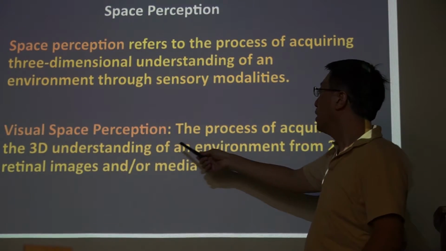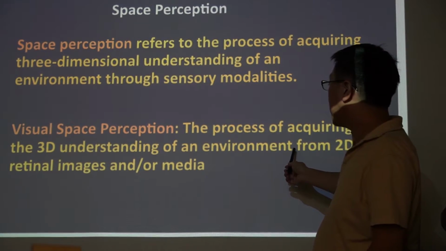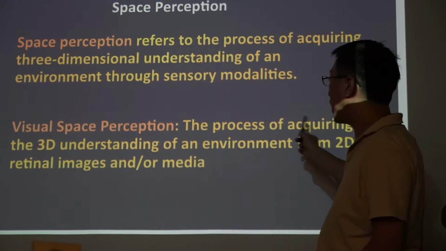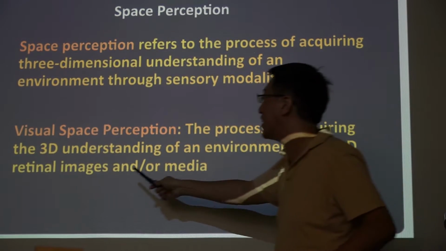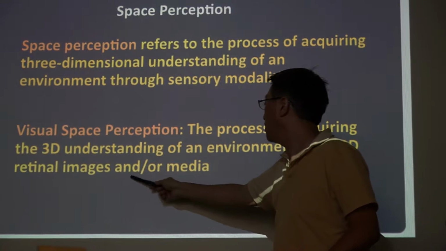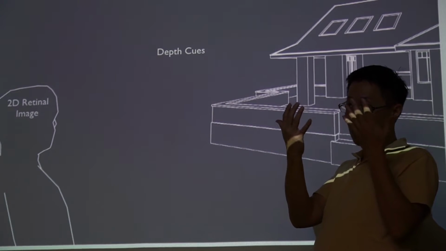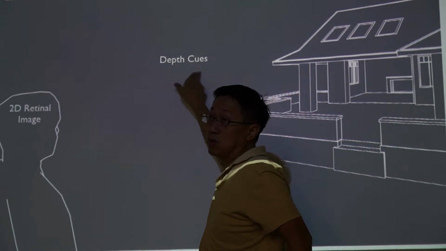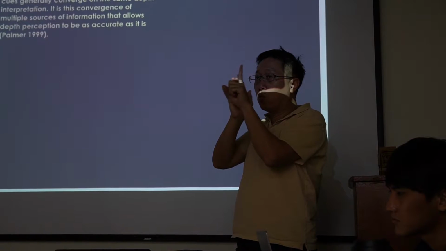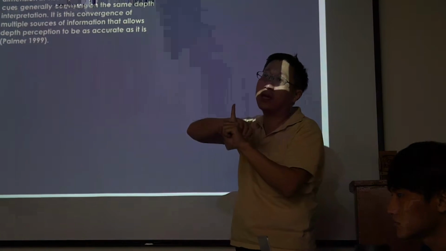Okay, so again, this is the process of acquiring a three-dimensional understanding of the environment from the 2D retinal images. How will you be able to understand 3D things from 2D images? Nothing complex here. All of these things point to one answer, and that answer will be the true depth of these environments.